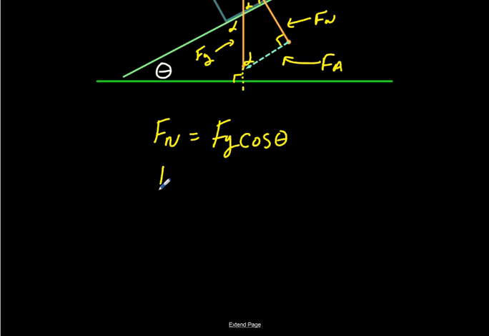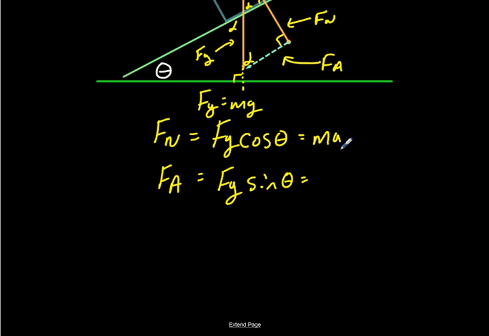And Fa, this down here, should be equal to Fg times the sine of theta. Since we know that Fg is equal to mass times g, we can break it down into mg cos theta and mg sin theta.